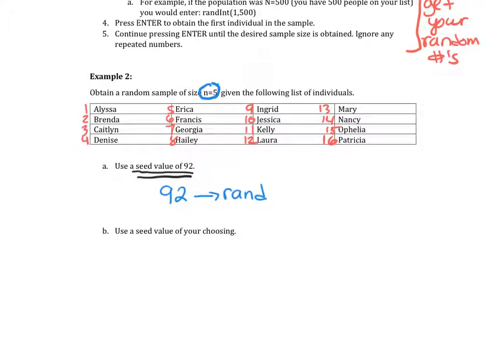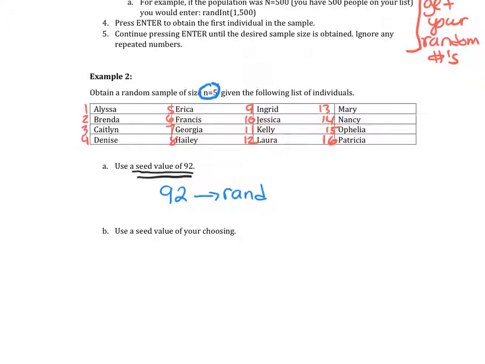And now we need to choose our people. In order to get our random numbers from our calculator, hit the math button again, 2 below second, go over to the PRB menu one more time, and then select option number 5, which says RAND INT for random integer. Hit enter just once so it shows up on your screen. Depending on the calculator you have, some of you have RAND INT that shows up with a parenthesis.